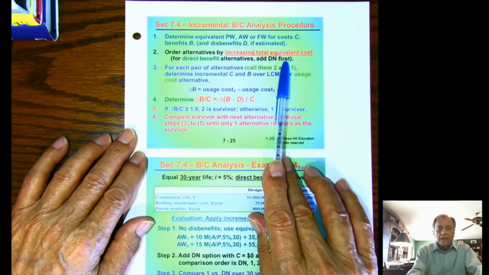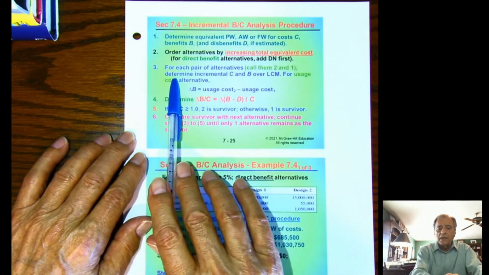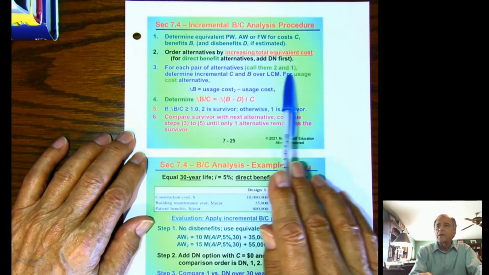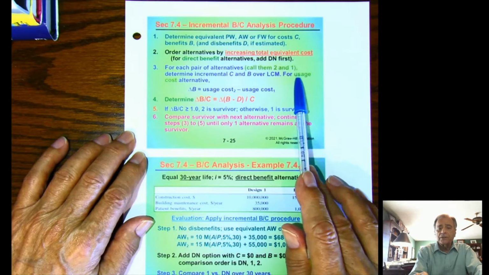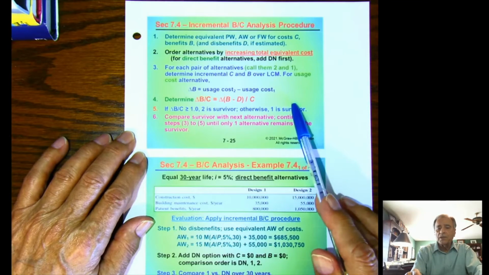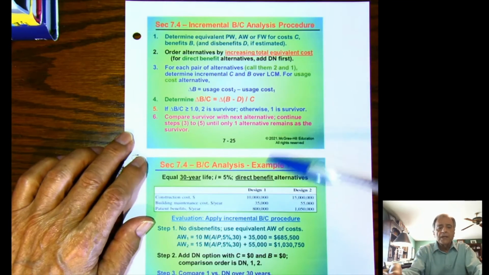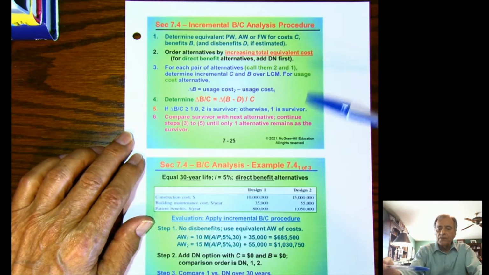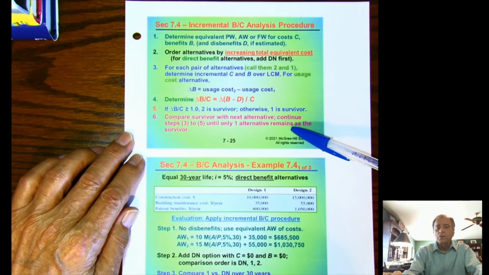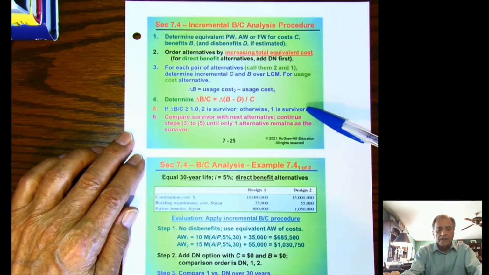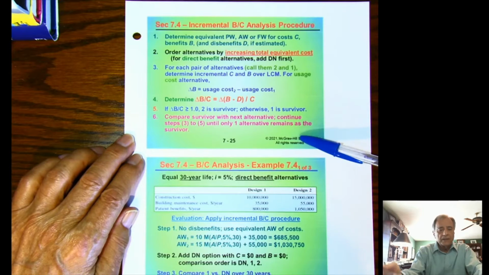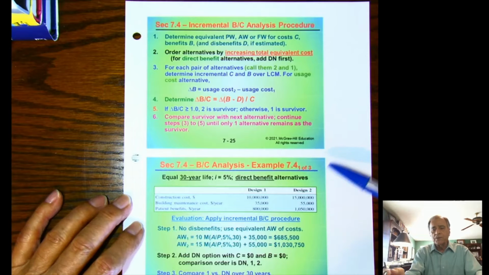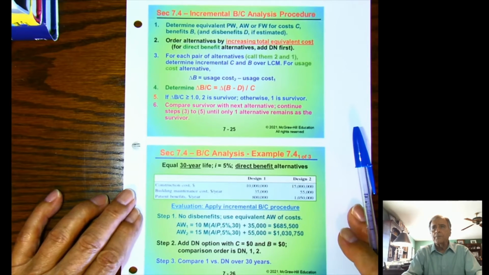So then we compare do-nothing with the next or the lowest costing alternative. We select the best one of those two and compare and go on, and that's steps 3, 4, and 5 until we've done them all, and then whatever we ended up with as a survivor in the last step, that's the one we pick. So let's employ this procedure on an example problem.